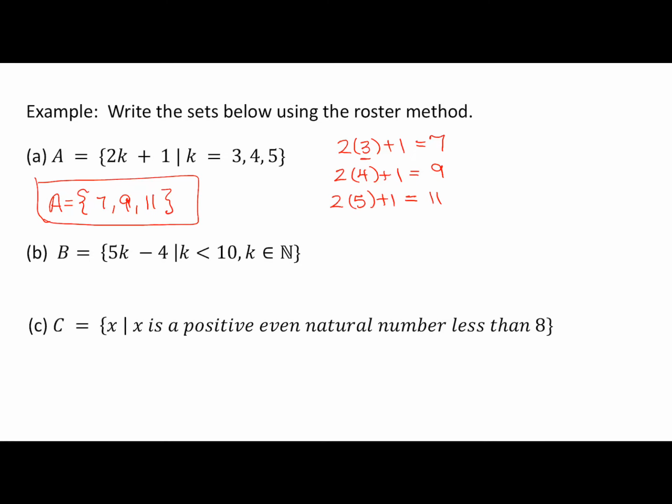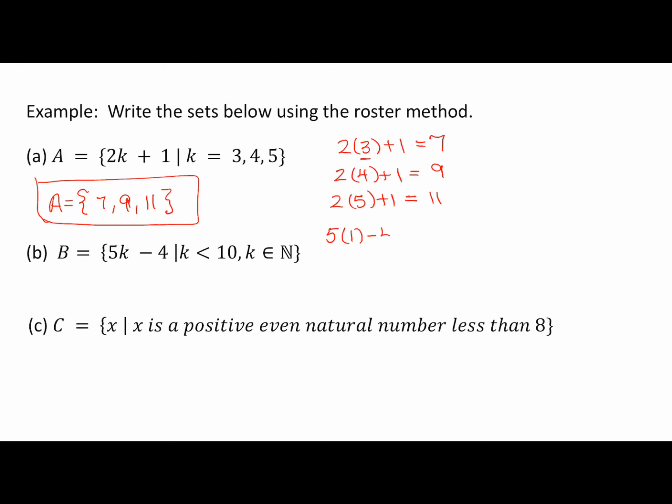All right, so B is the set of elements that look like 5k minus 4, where k is less than 10 and k is a natural number. So what are the possible values of k? Well, they have to be natural numbers that are less than 10. That's 1, 2, 3, 4, all the way up to 9. So I need to calculate 5k minus 4 for all of those values.